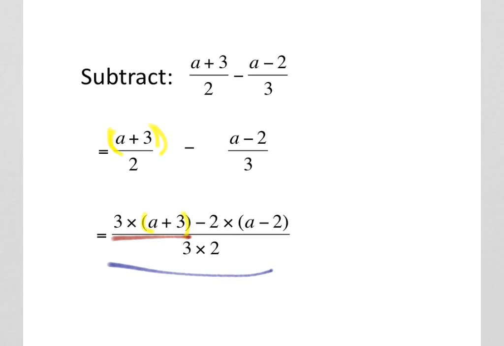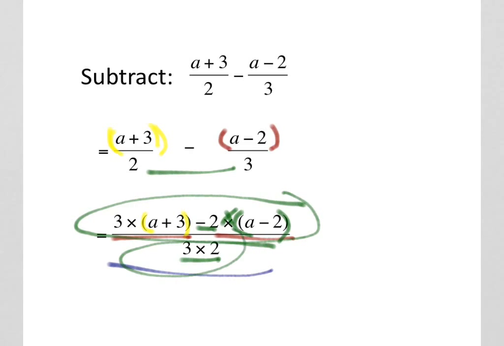In the same way, I put the a minus 2 in brackets, multiply it by 2, and we get that. I put the minus outside, so it's actually minus 2 times a minus 2. I will simplify that in a minute. And for the bottom, 3 times 2. Moving on, we simplify the top, and we simplify the bottom.